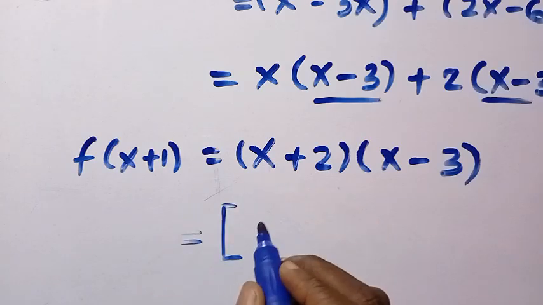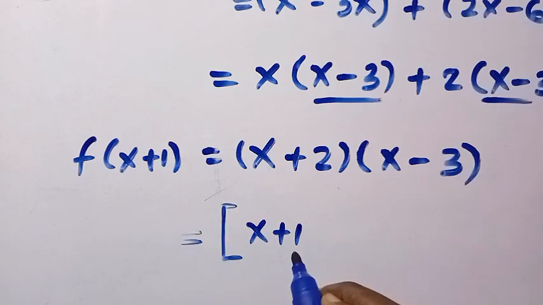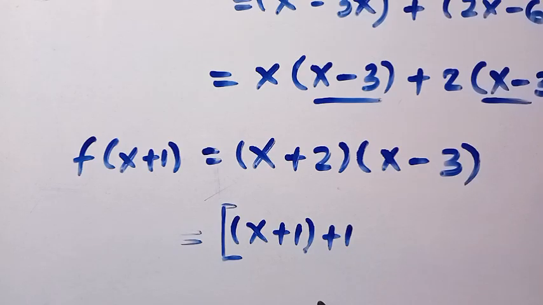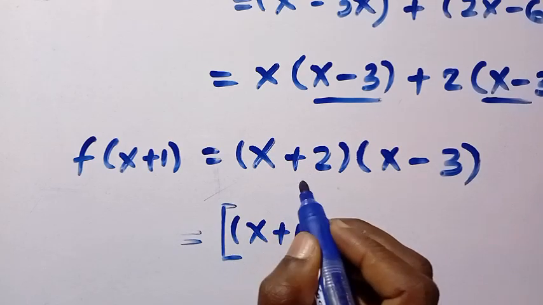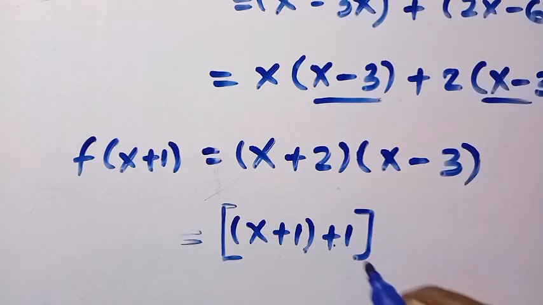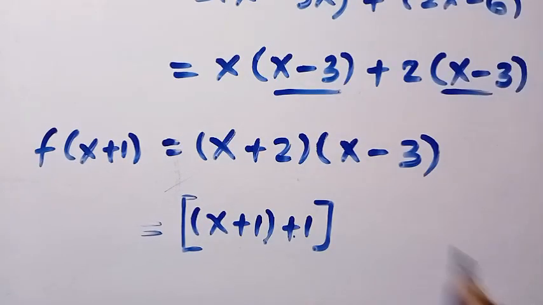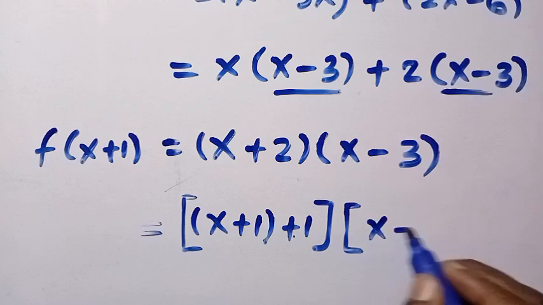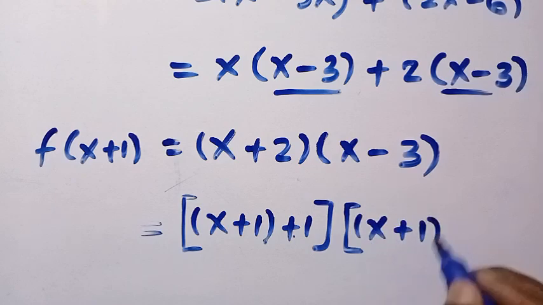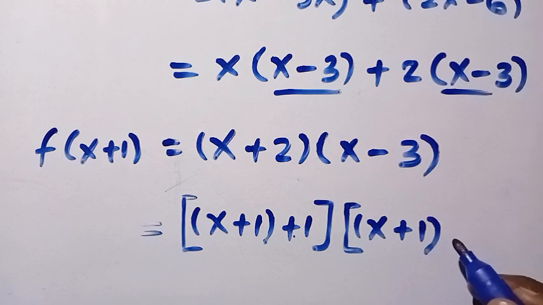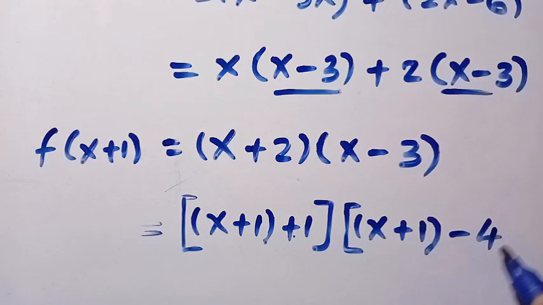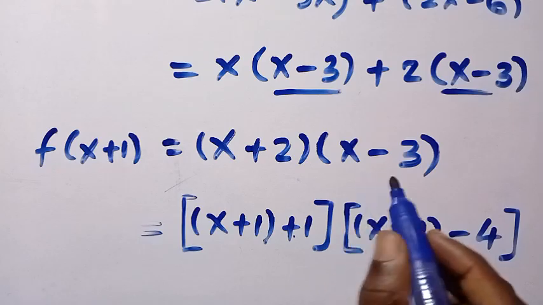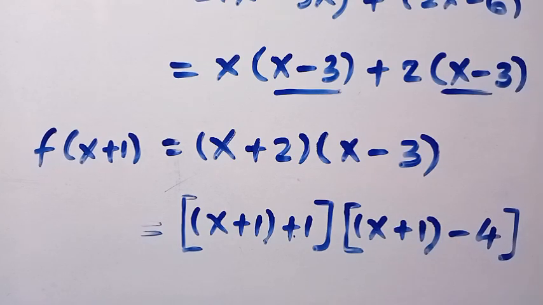We need x plus 1, so by changing this to x plus 1, we add another plus 1 to it, because x plus 1 plus 1 gives us x plus 2, and we put this in parentheses. Also, we need x plus 1 in the other bracket, but it is minus 3 initially, so we have to subtract 4 from it, because x plus 1 minus 4 gives us x minus 3.